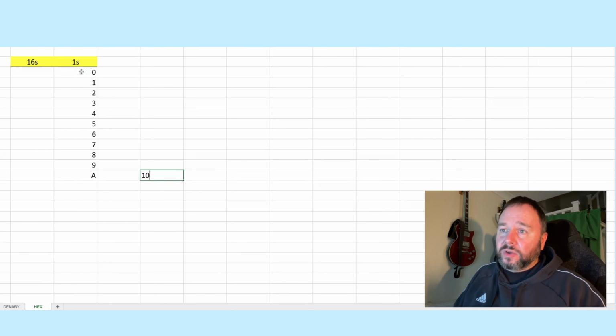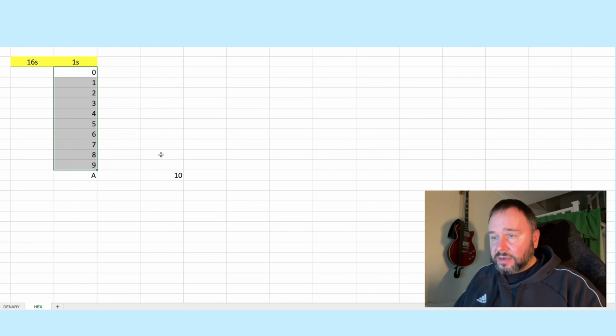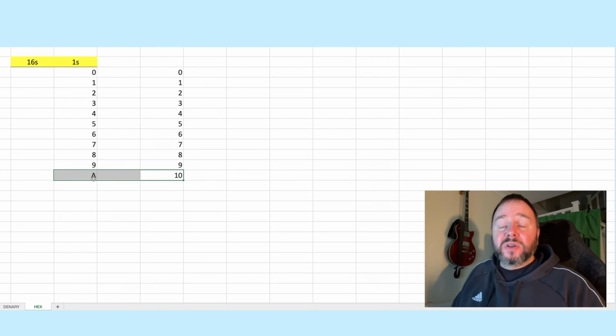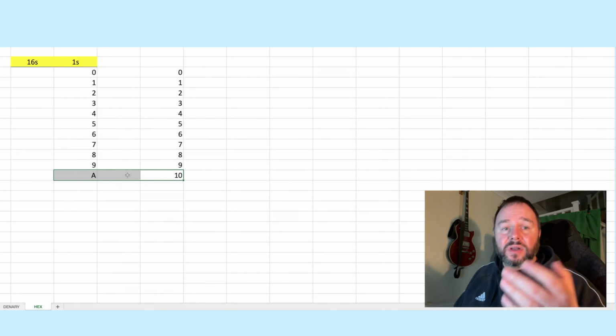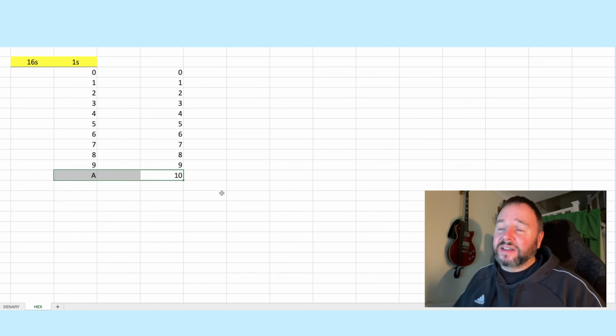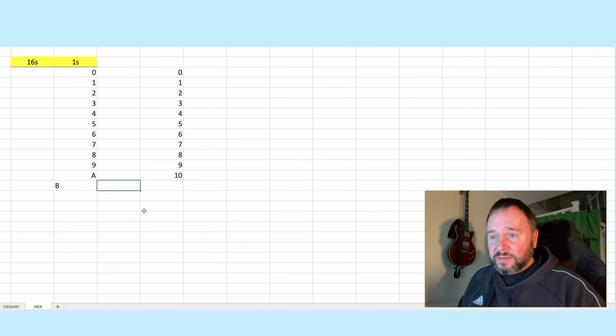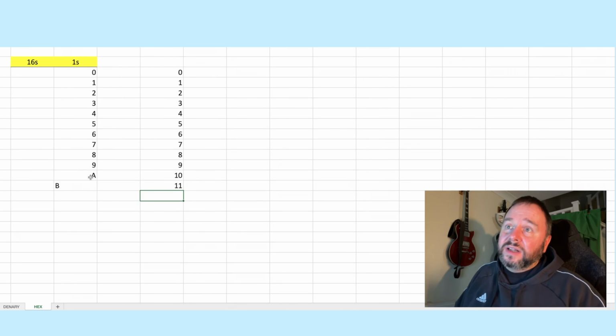We've got 0, 1, 2, 3, 4, 5, 6, 7, 8, 9. To represent 10, we're just going to arbitrarily use a letter; we could have used squiggles, blotches of colour, anything. Somebody decided we're going to use a letter. Fine, A. But that's quite useful because we know, most of us, that B comes after A. So B would be 11.